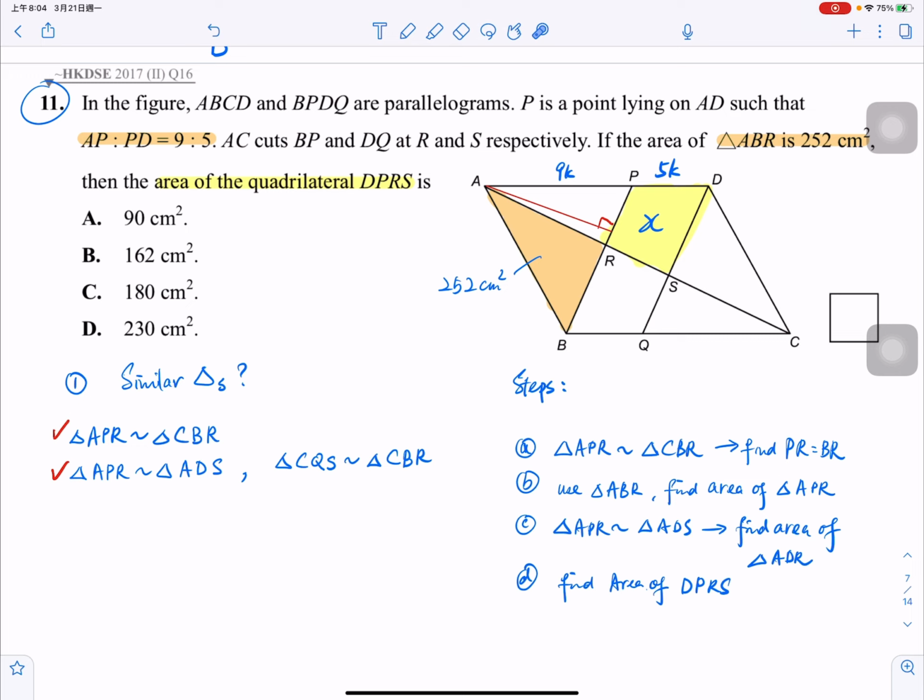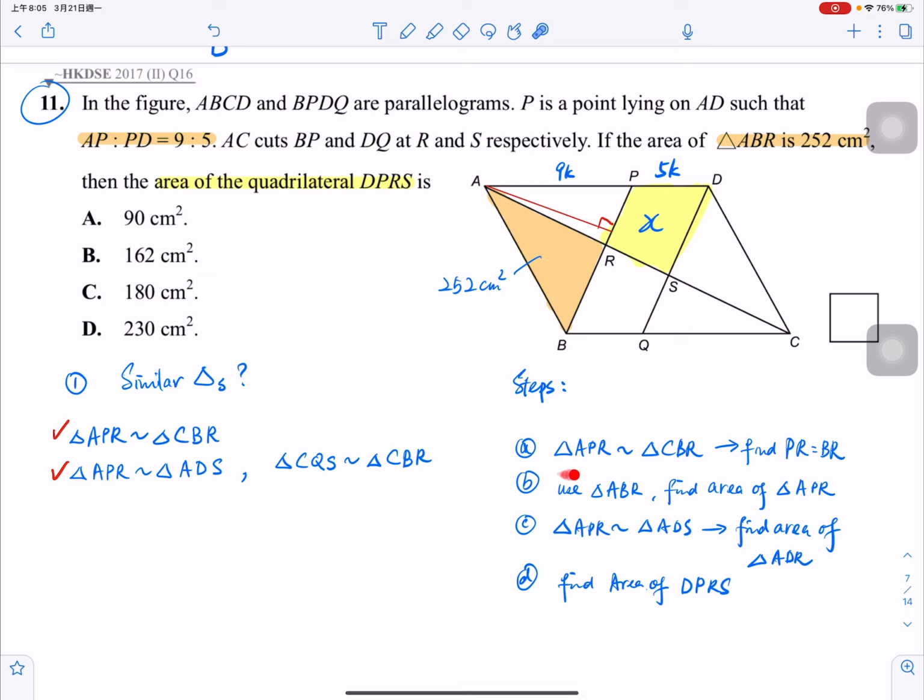However, how do we link up this big triangle or this small triangle with this area? See, here we have same-height triangles, ABR and APR. The ratio of the areas of these two triangles is actually the ratio of this side to this side. So if you know the ratio of BR to RP, then we can find this area.